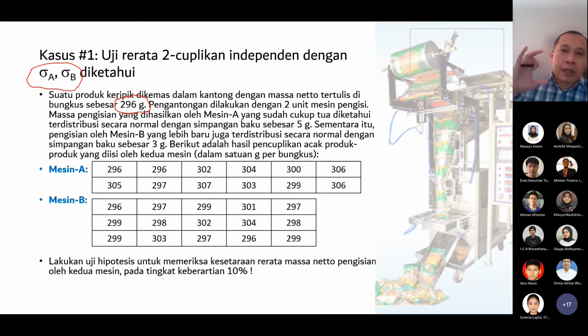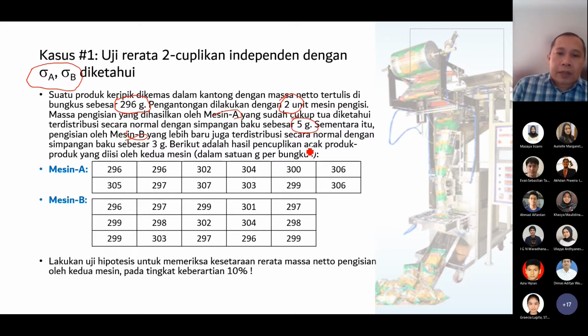Of course this filling machine has to aim for that targeted net mass. Now the filling is being done using 2 machines, denoted machine A and machine B. Machine A is quite a bit older compared to machine B, and it has been known that the standard deviation from machine A is 5 grams.